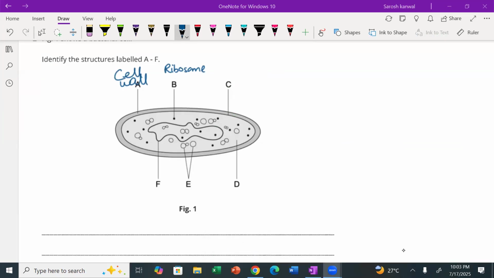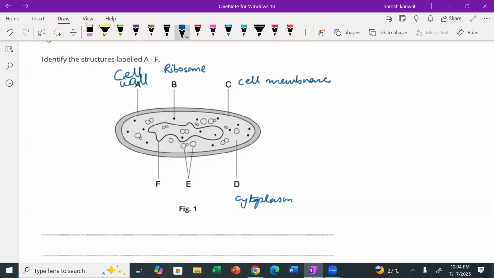Okay, the rest of this, Mipsam, can you tell the rest? C is the cell membrane. Good. Then D is the cytoplasm. Okay, that's good. Is E the genetic material?